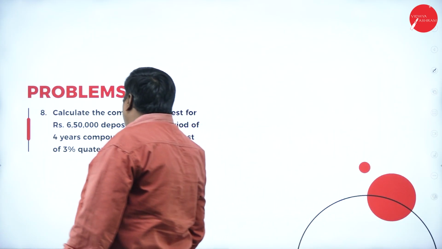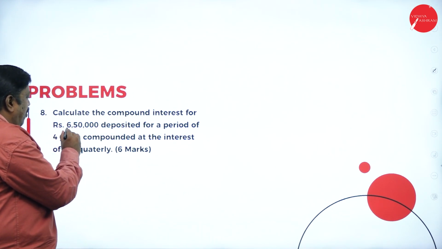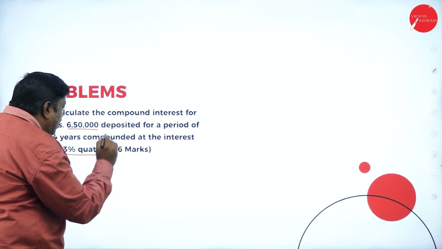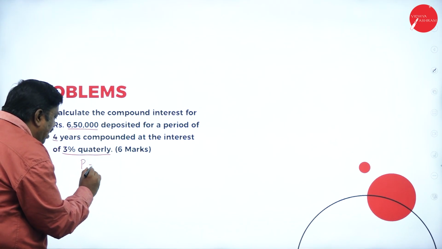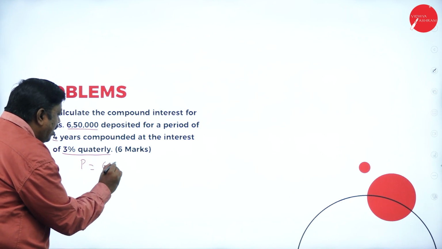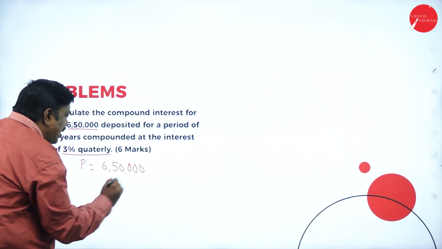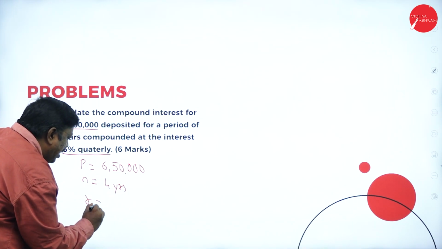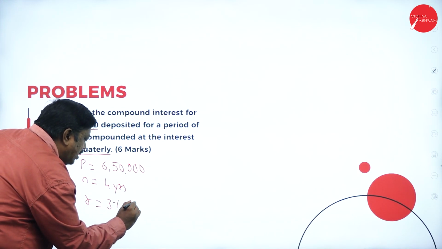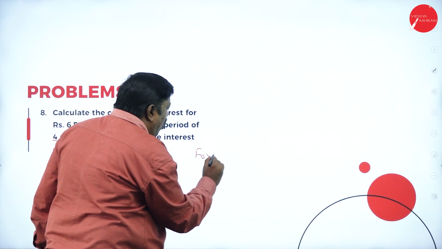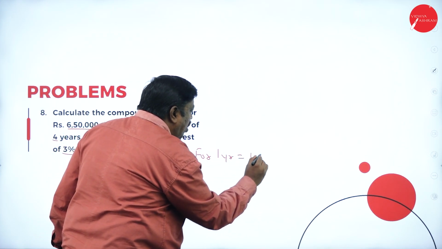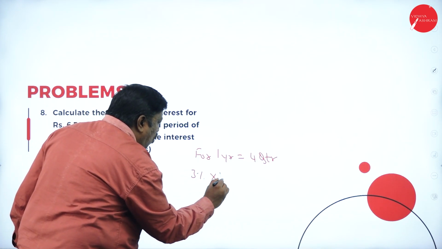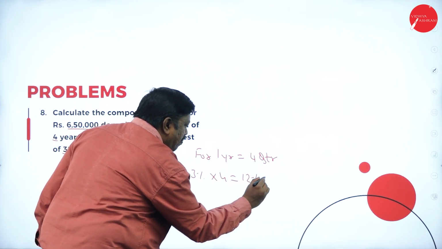In the next problem, we have taken here 6,50,000 for a period of 4 years, 3% quarterly. My principal is 6,50,000 and my N is 4 years, and they have given 3% quarterly. For 1 year, there will be 4 quarters. So now 3% into 4, it will be 12% per annum.